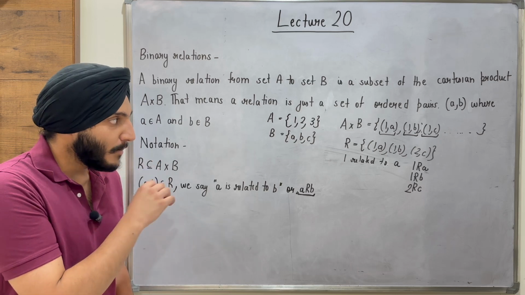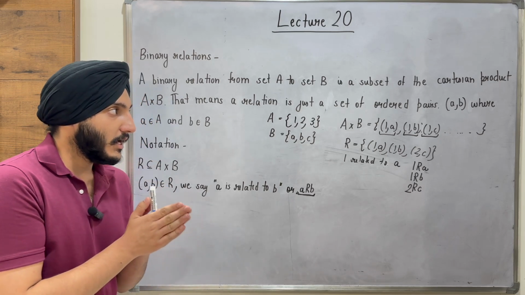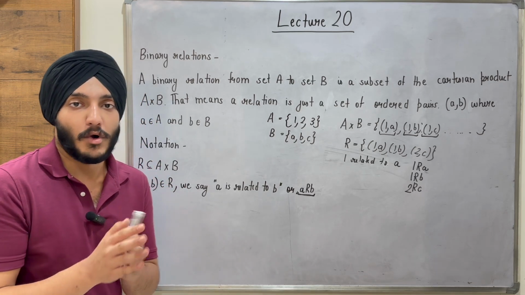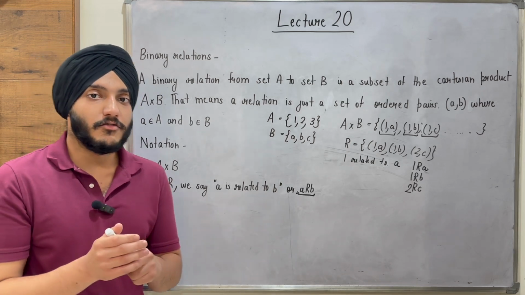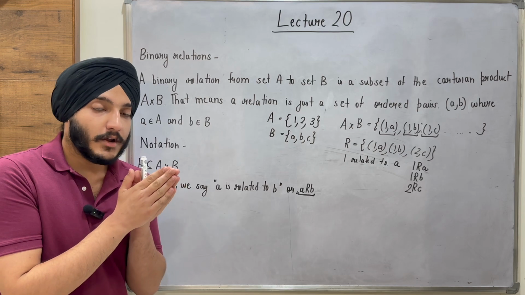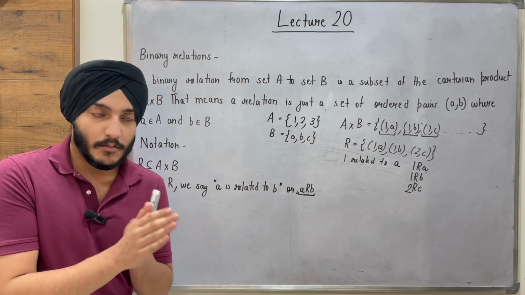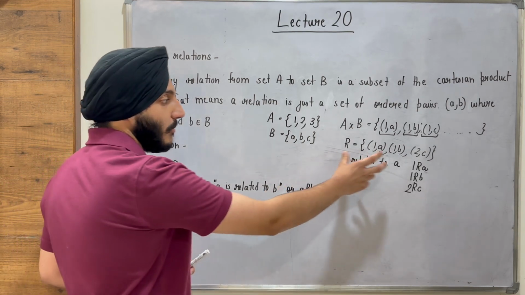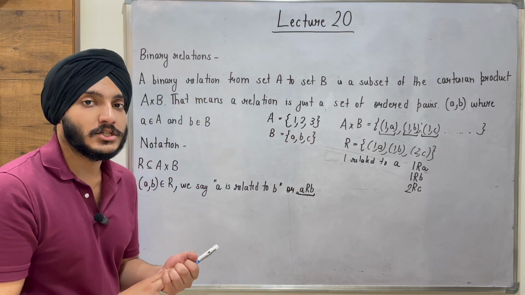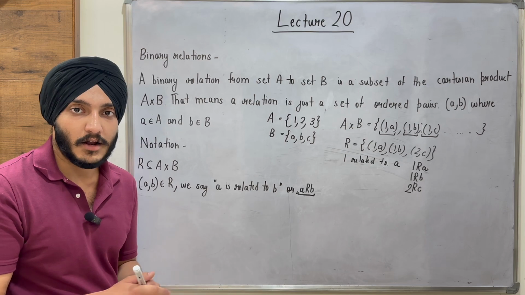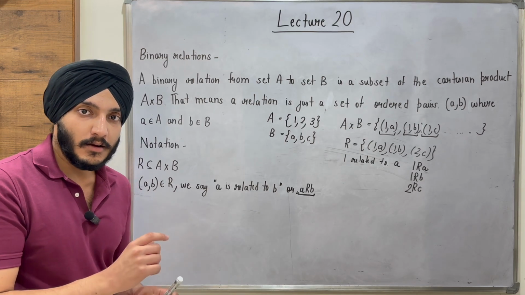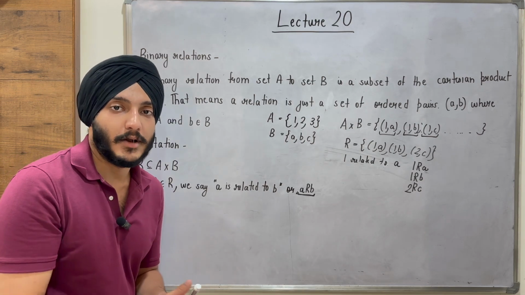Now, just before I move on, I want to give you a basic difference between a function and a binary relation. If you remember, a function was also a set of tuples, but there was one very important rule: one element of the domain can only point to a single element in the codomain.